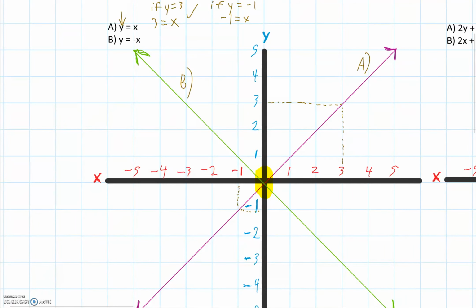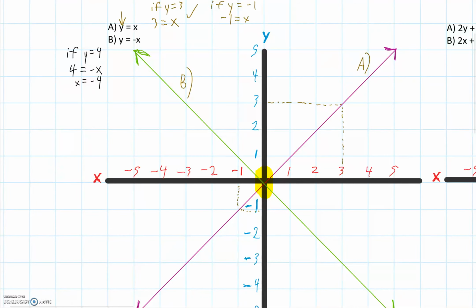Okay, simple enough. But we can do that again here for B. Let's do it in black. So if y equals 4, then I'm going to sub it in for y. So 4 equals -x. So x equals -4.